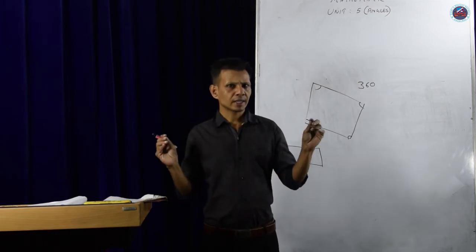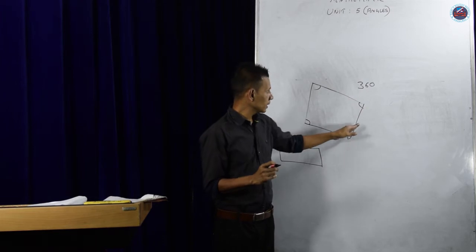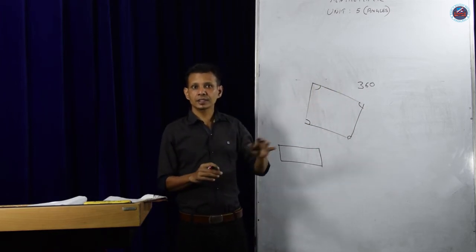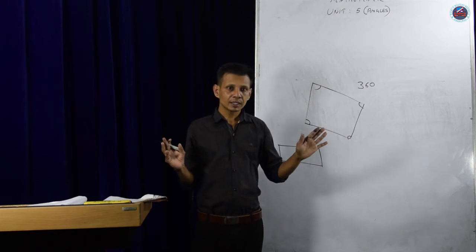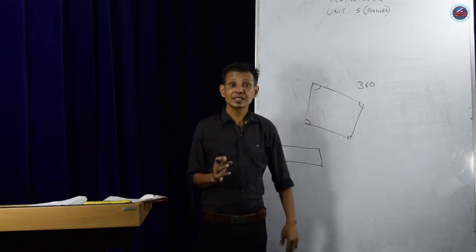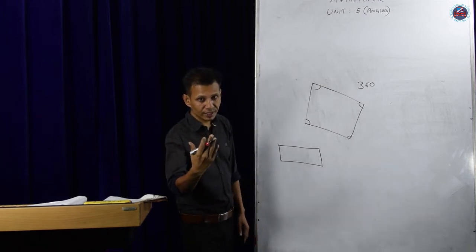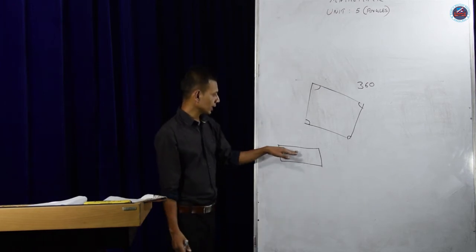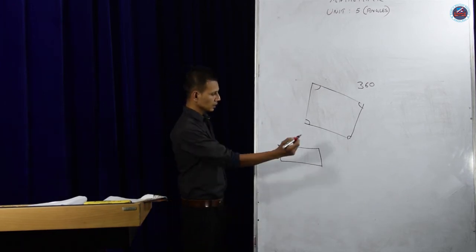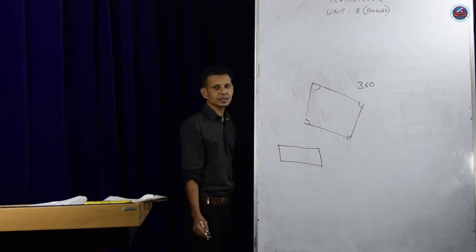Angles on a straight line add up to 180 degrees. All the angles of a quadrilateral end up with 360 degrees, not more, not less. Is that okay? Rectangle: if you add up these, you will get 360.